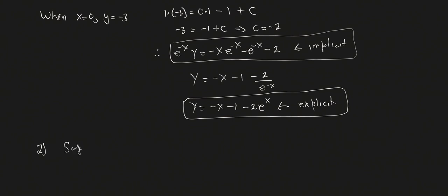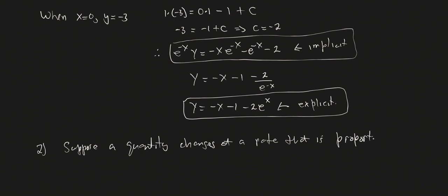Suppose a quantity changes at a rate that is proportional to the reciprocal of the square of the amount present.